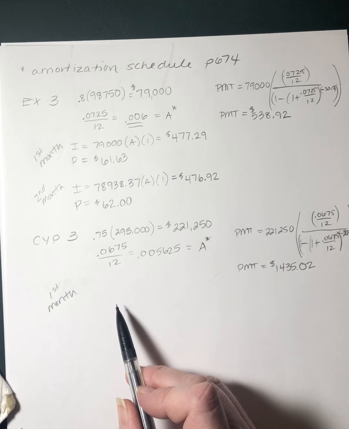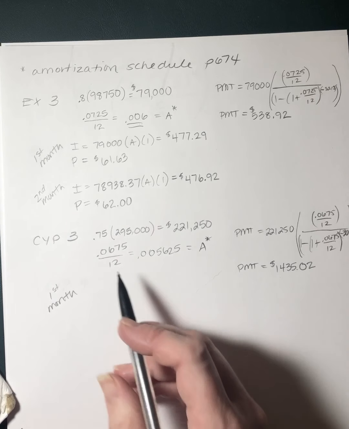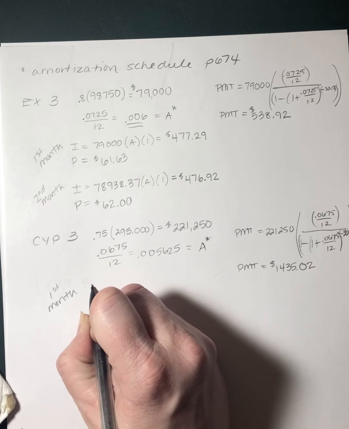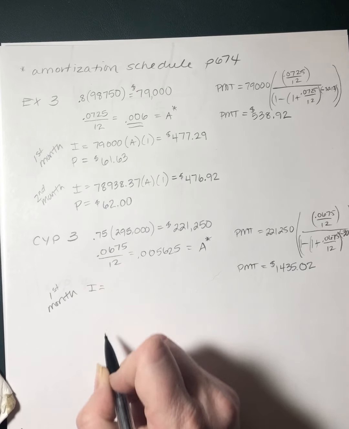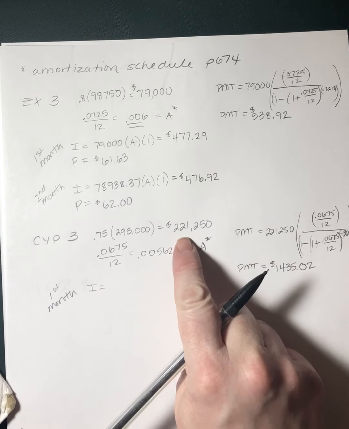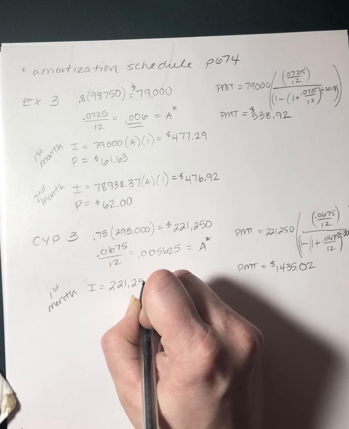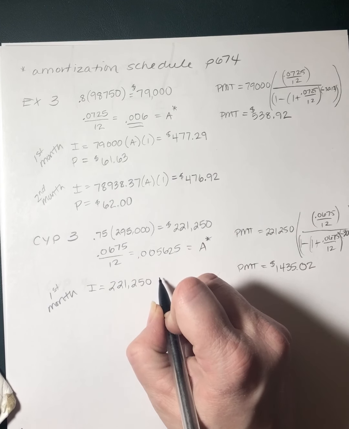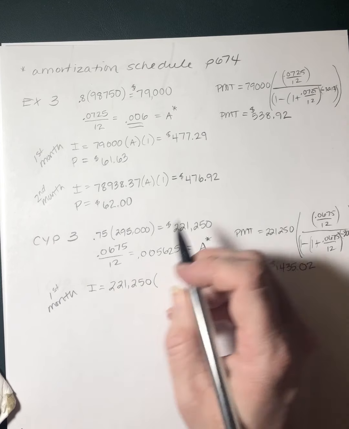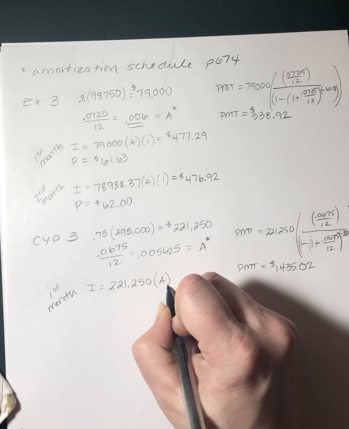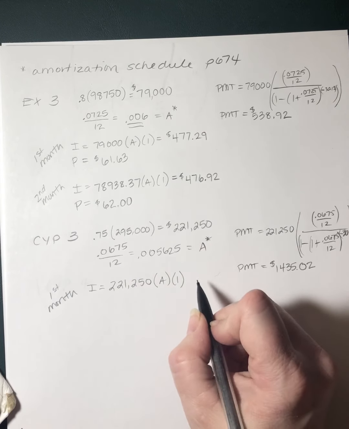So for this one, in the first month, interest is principal times the rate times the time of 1 month.